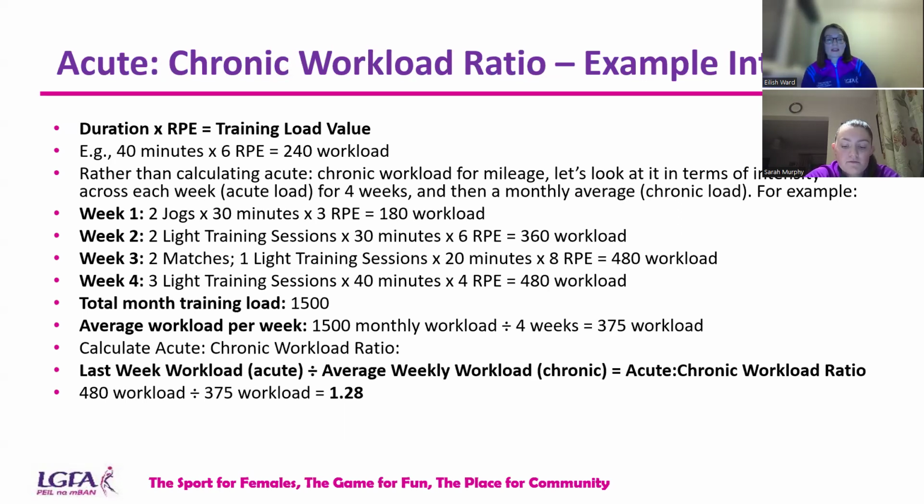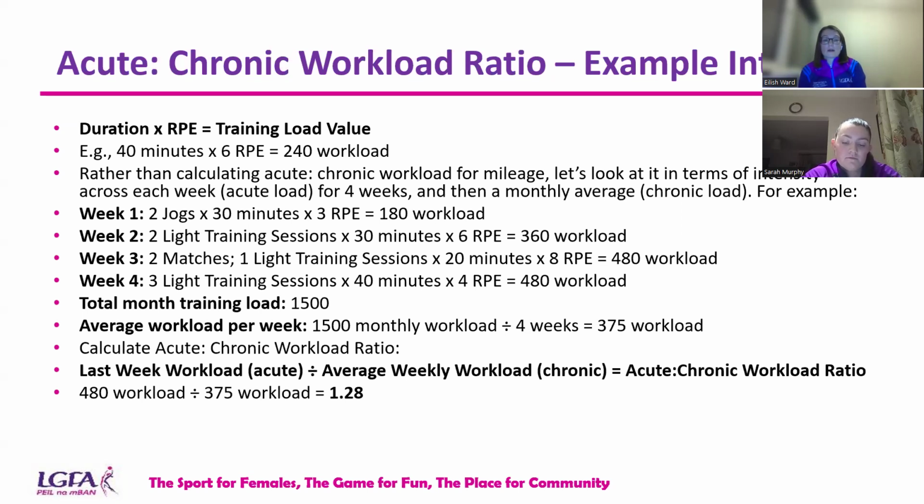Then we see that they have 2 matches, 1 light training session, with minutes of 20 and an RPE of 8. So that workload is coming out at 480. And then the last one, we have 3 light training sessions, 40 minutes with an RPE of 4.